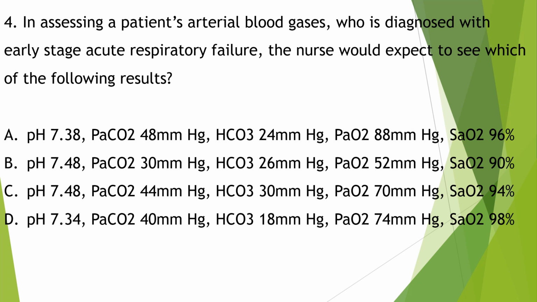So hypoxemia, a partial pressure of oxygen less than 60 mmHg, is shown in the second option, PaO2 52 mmHg, and the partial pressure of carbon dioxide will be normal or near the normal level. And also you can observe respiratory alkalosis when you see the pH value. So this is what the nurse is expected to see in the ABG finding. Please refer to video number 7 for further understanding of ABG.